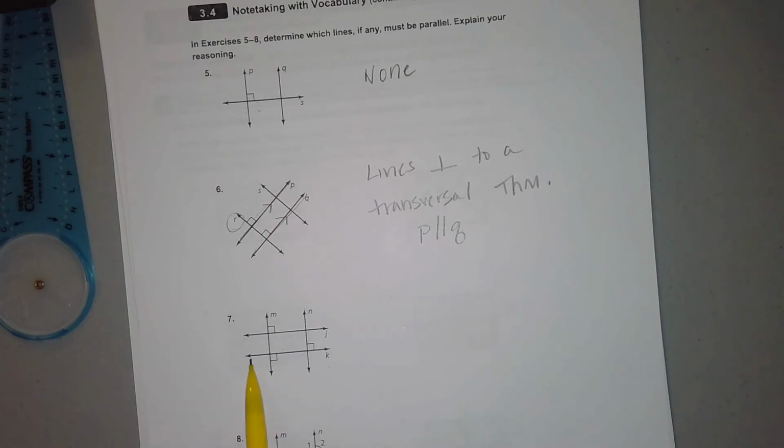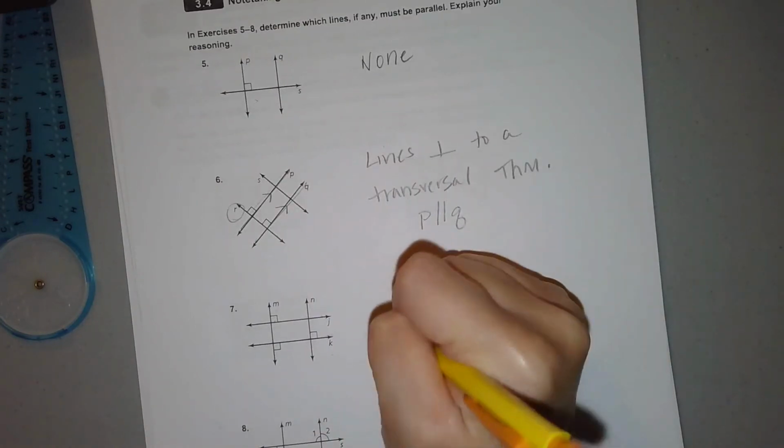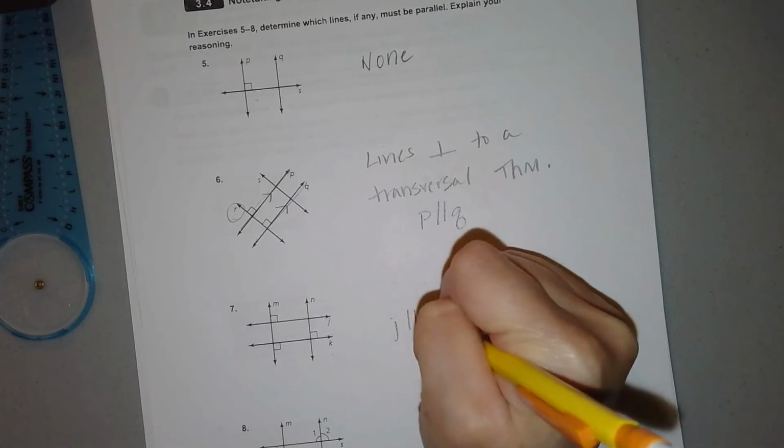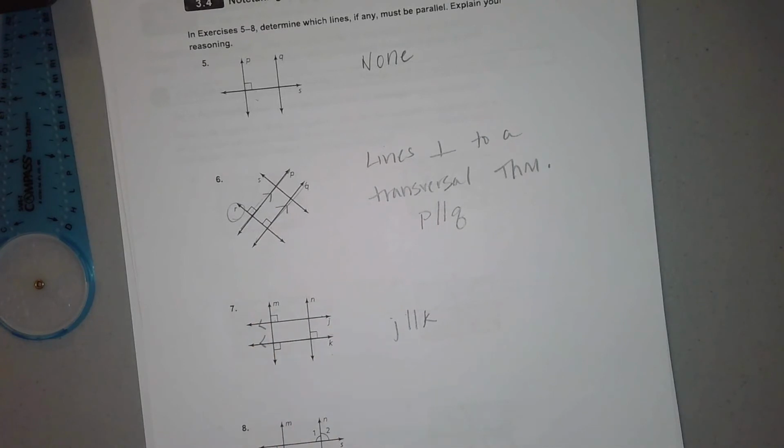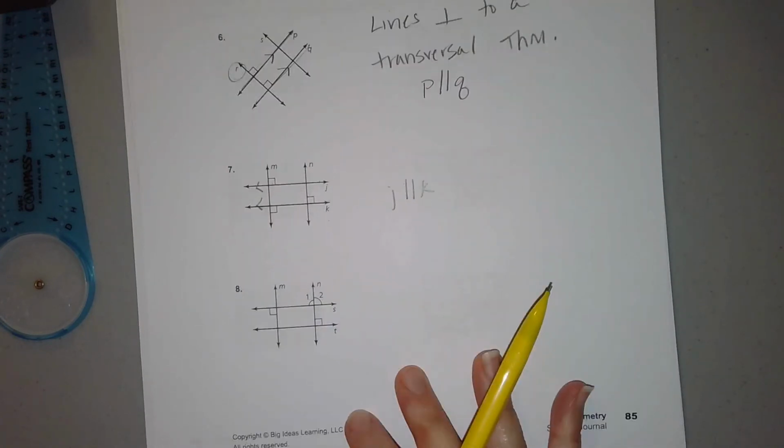Let's see here. K is perpendicular to M, and J is perpendicular to M. So I can say that J is parallel to K because both J and K are perpendicular to the same line.